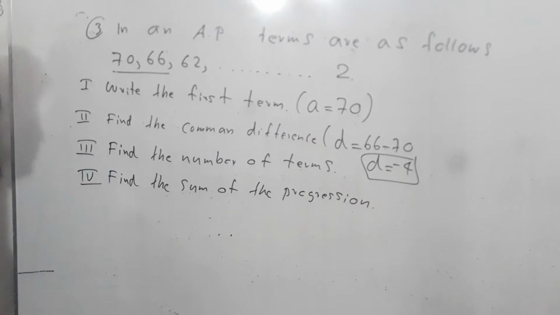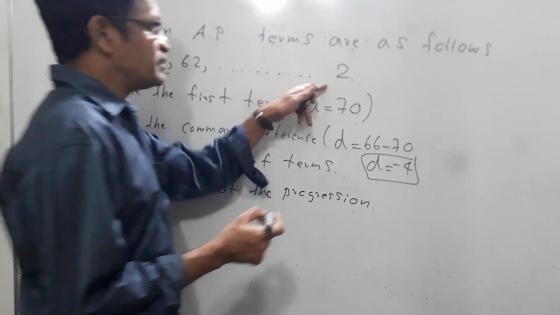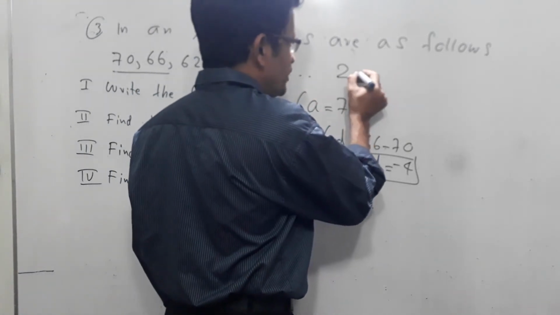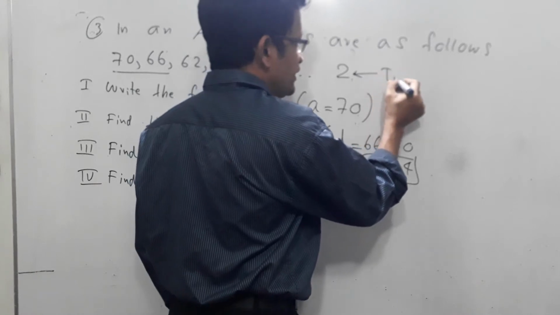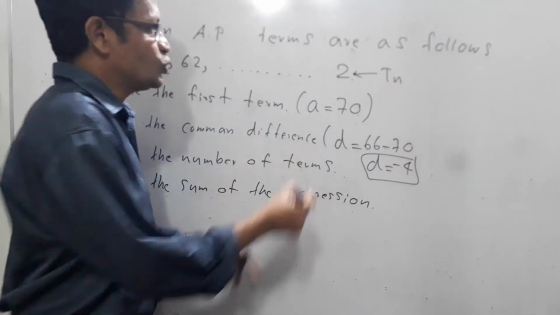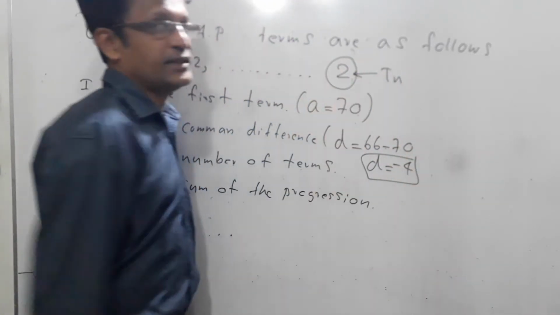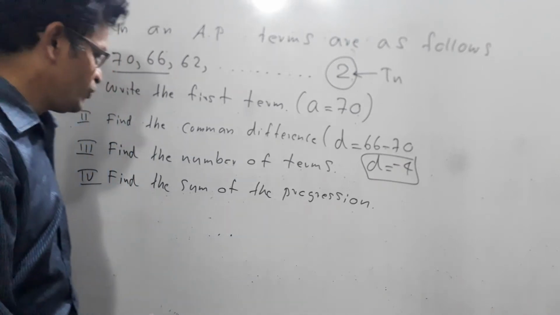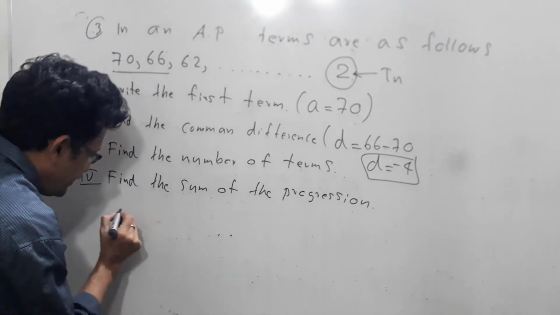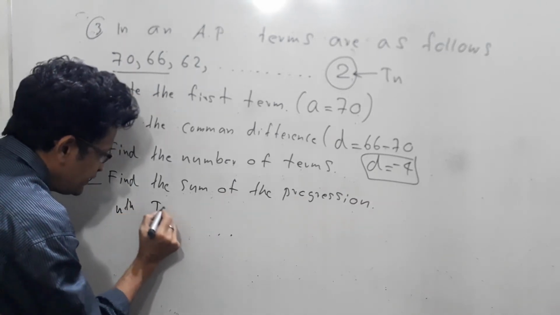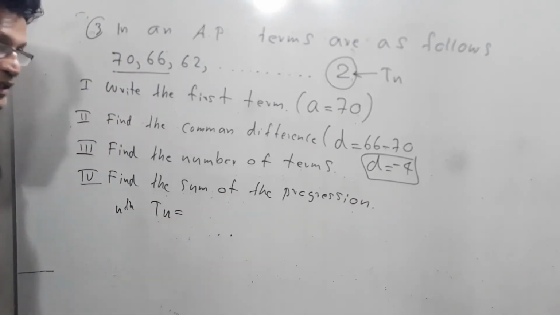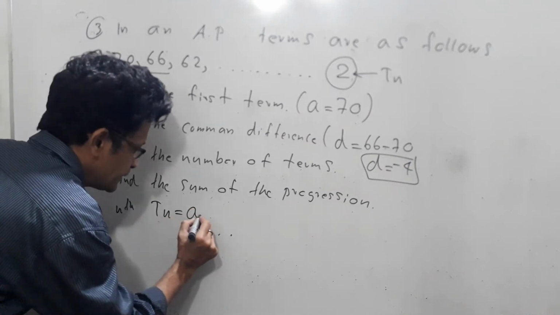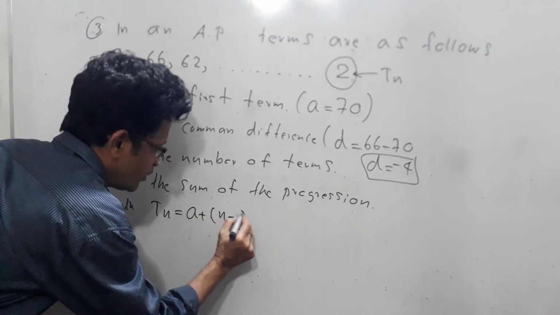Then what we have to do is, we have to take this last term, that L, we must take as the nth term. So this 2 you must take as the nth term, Tn. So we can write nth term Tn equal, we know the formula, Tn equal A plus n minus 1 d.